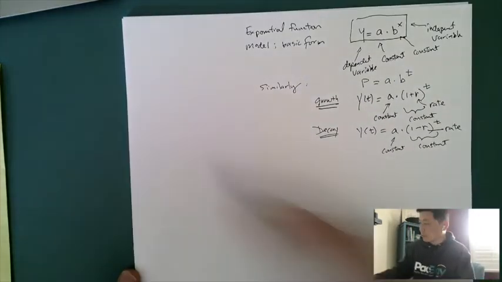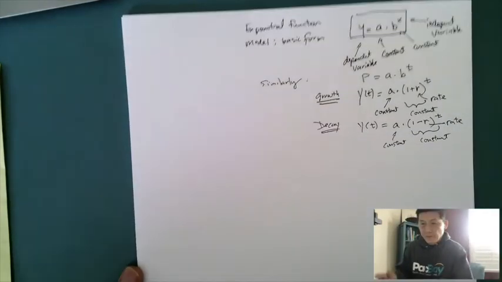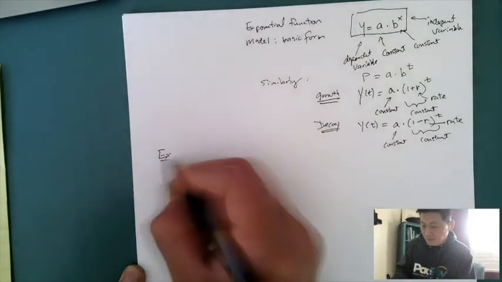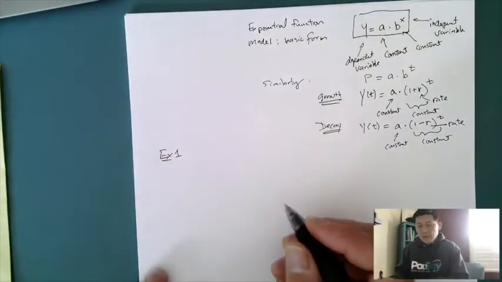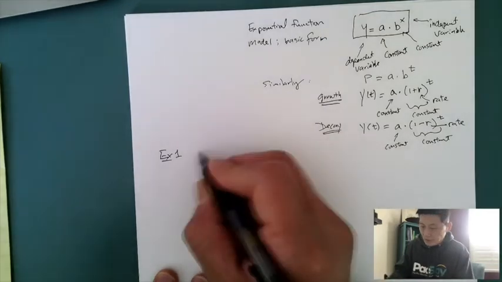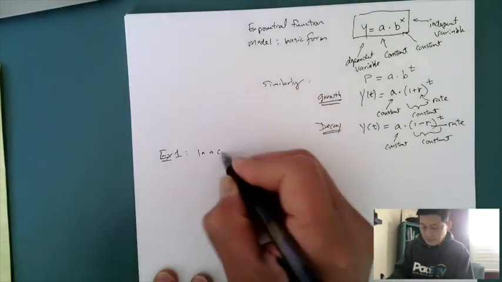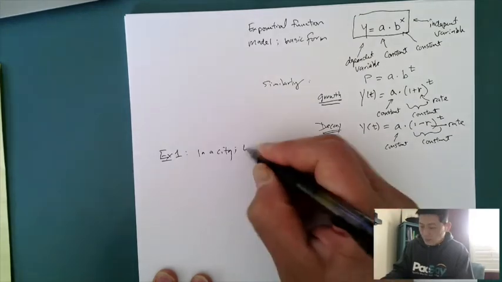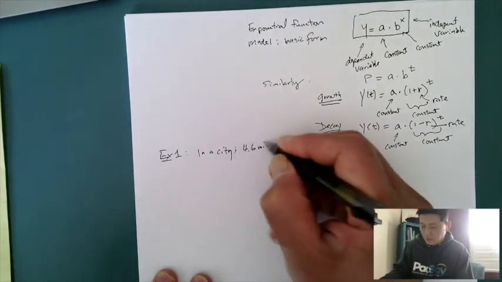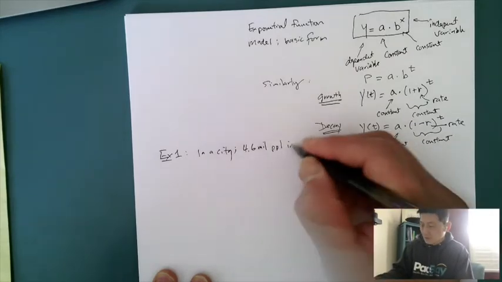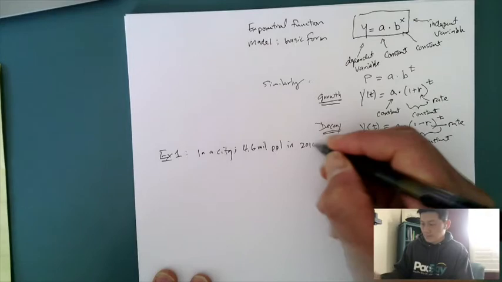So in this case, we're going to provide you a couple of examples to illustrate that. So let's start with one example. Example number 1 here is in a city. Say you have 4.6 million people in the year 2010.